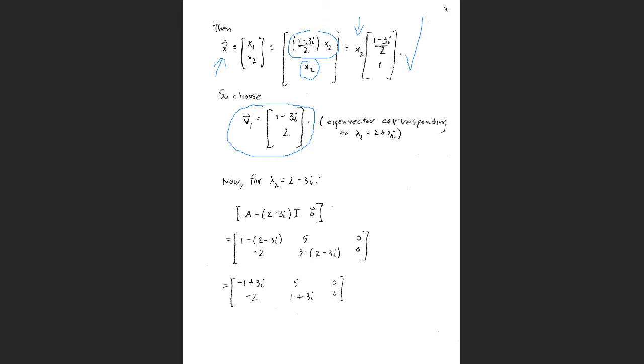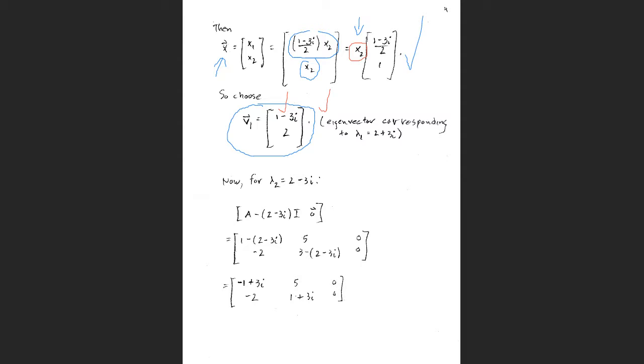So what did I let x2 equal then to get this nice eigenvector? There are no fractions in the eigenvector V1.